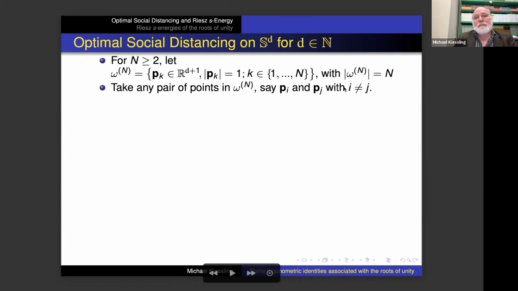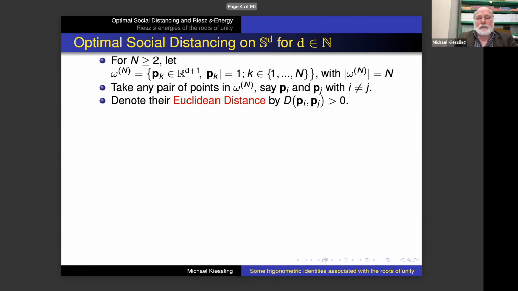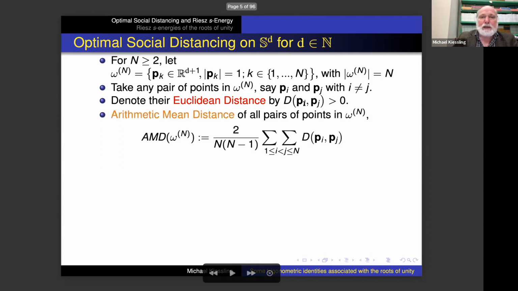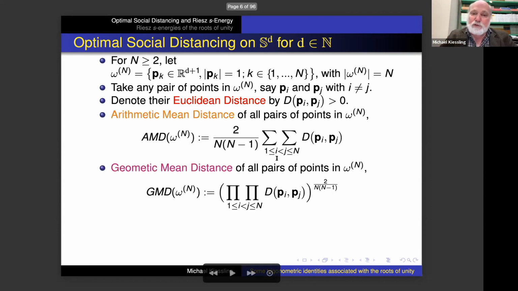Now you take any pair of points in such a configuration. Then you take the Euclidean distance in the ambient space, so not the geodesic distance. We call it d of these two points. Then you define the arithmetic mean distance to be simply the arithmetic mean over all possible pairs in that configuration. Similarly, you can define the geometric mean.